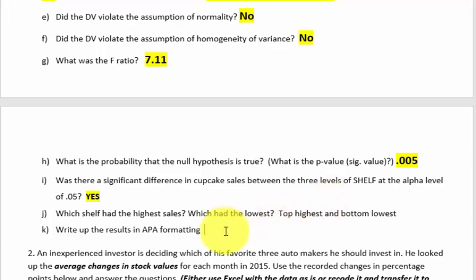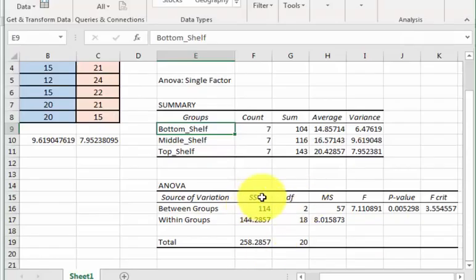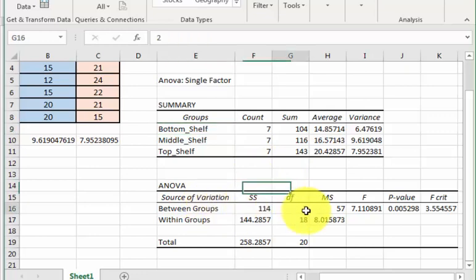So I'm going to write this up in APA formatting. Please hold. A one-way between group ANOVA indicated that there was a significant difference in the number of cupcakes sold between the 3 shelves. F tells you that we use the ANOVA. And the parentheses. And then the first number is degrees of freedom for your between groups. So it's 2.